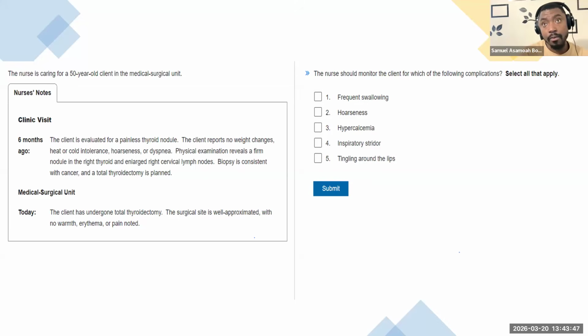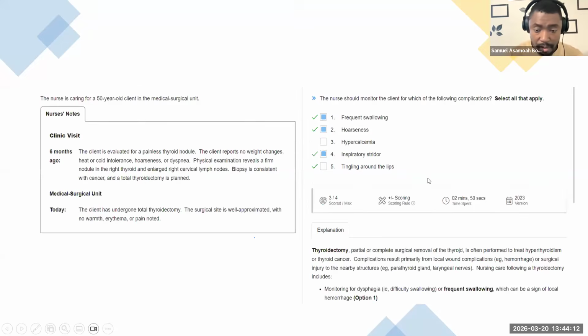Have you heard of that before? Yes, sir. What's up with that? Why are you picking it? Tingling because there's an electrolyte imbalance. It's as simple as that, right? And in fact, the first time I answered the question, I didn't add it because my understanding of it was a little bit low. I think this was in 2023. Can you see it? Yes, sir. So you could see I didn't pick it.